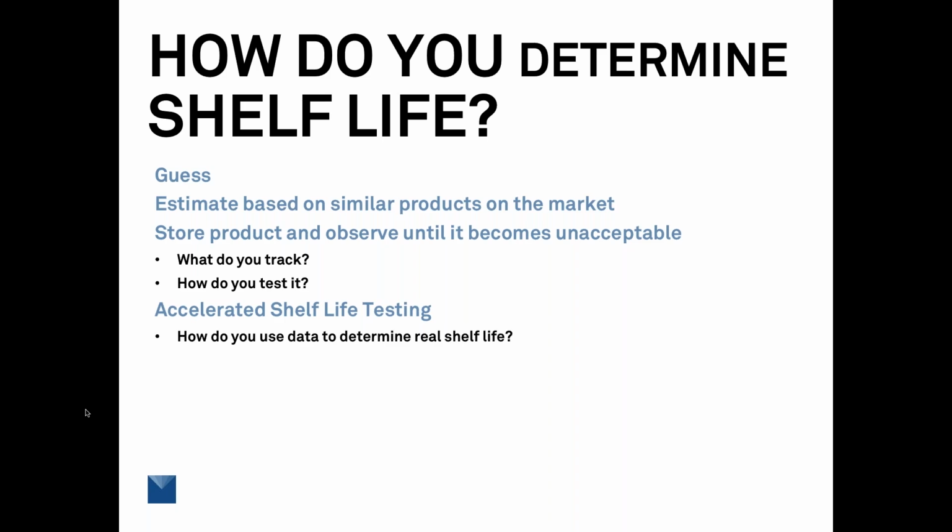So what a lot of people will try instead is accelerated shelf life testing, and this is where you subject your samples to elevated conditions for temperature and water activity in order to speed up the processes that can happen.